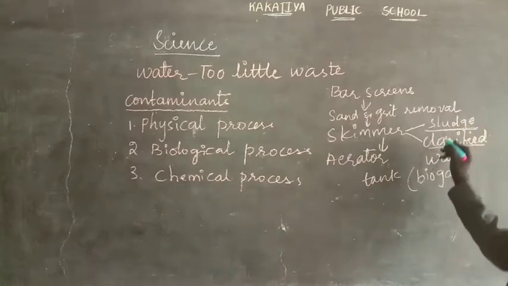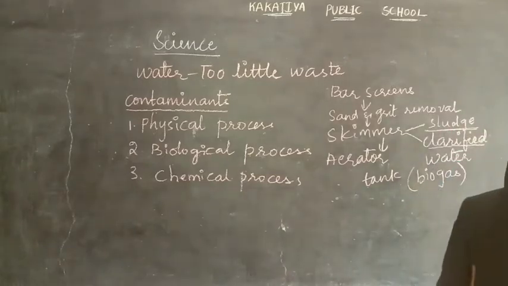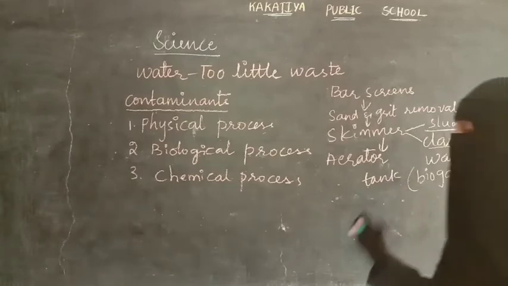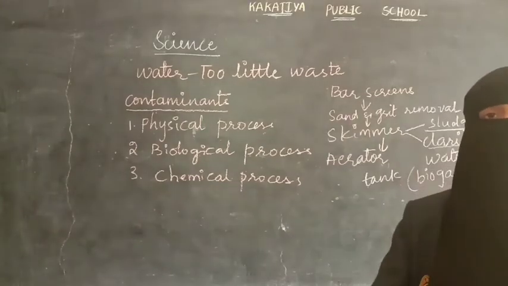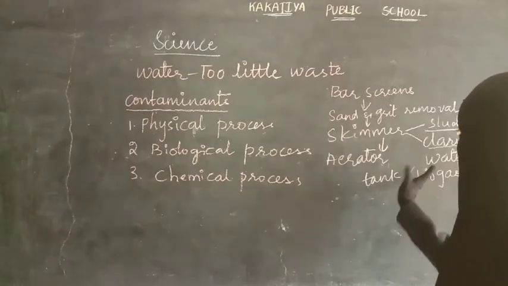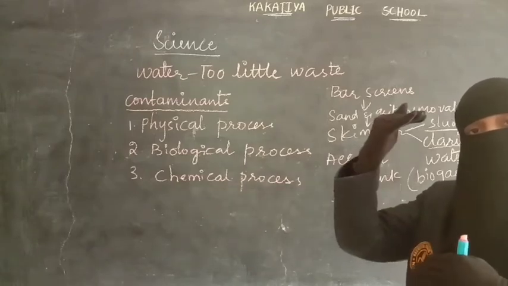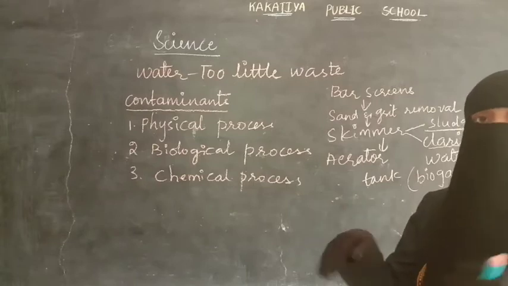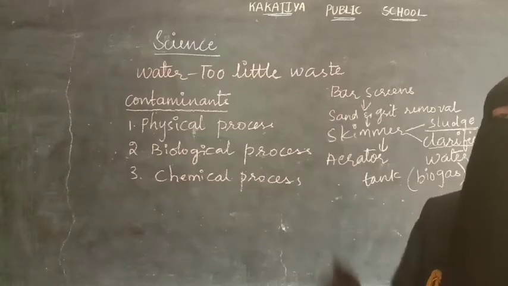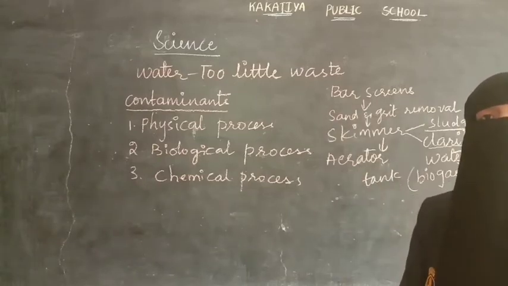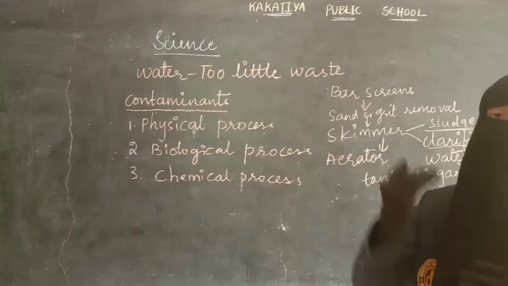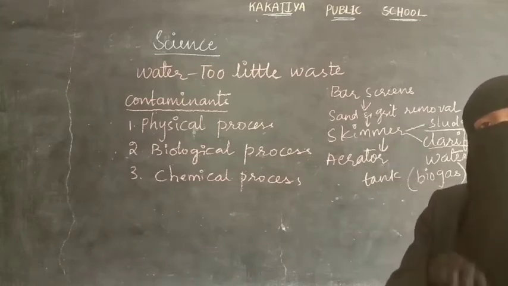So by using this sludge they generate biogas, and as they eat, all these microorganisms will be at the bottom. All the sludge is eaten up by the microorganisms. Again we can see two layers: the layer with sludge and microorganisms, and above it the clarified water. As these things settle down, the clarified water and the activated sludge separate.